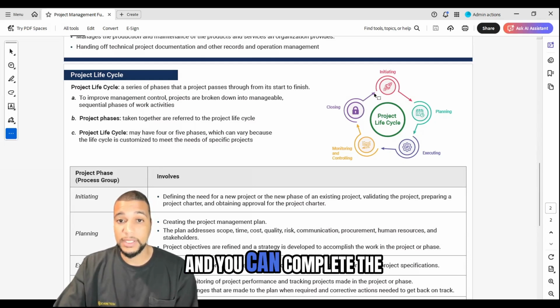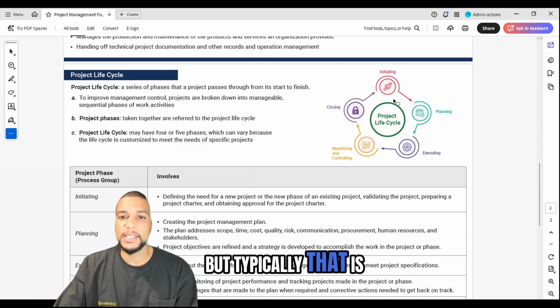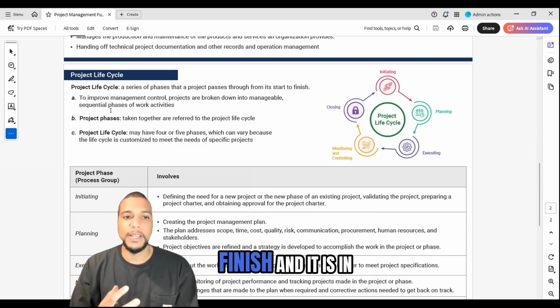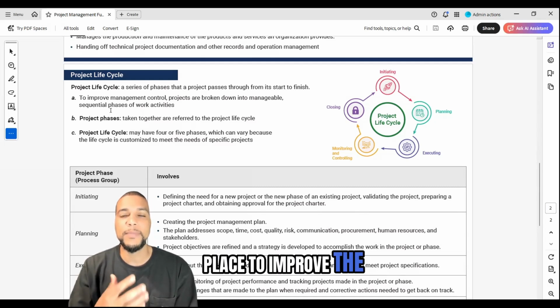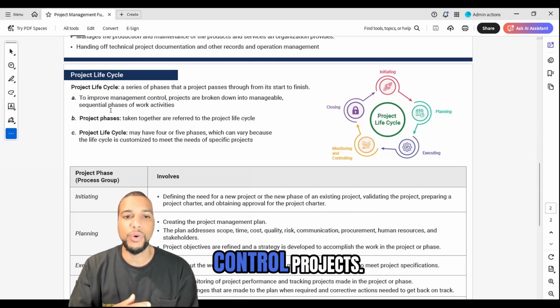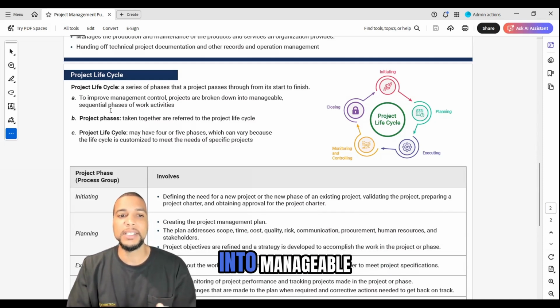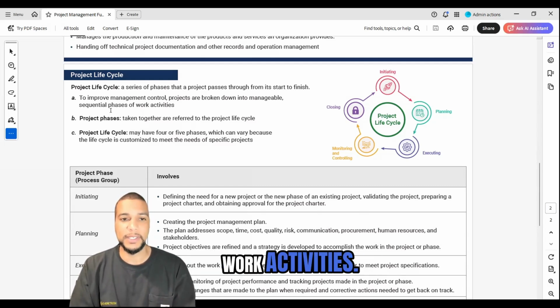And you can complete the cycle and keep on going in that loop, but typically that is the cycle in a project life cycle. It's a series of phases from start to finish. And it is in place to improve the management process and control projects. Projects are broken down into manageable sequential phases of work activities.